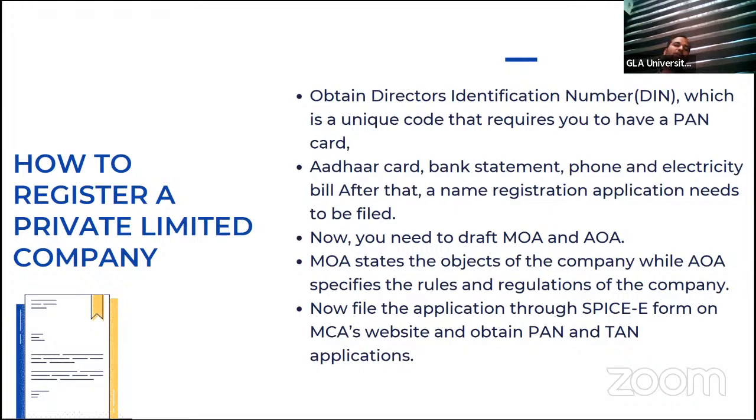Then file the application through the SPICe form on the MCA website. All this process you can do yourself, but since this is a very financial process, it's always good to get help from a CA or CS, or anyone who knows all this stuff, right? Nowadays many people go to YouTube and watch some videos.